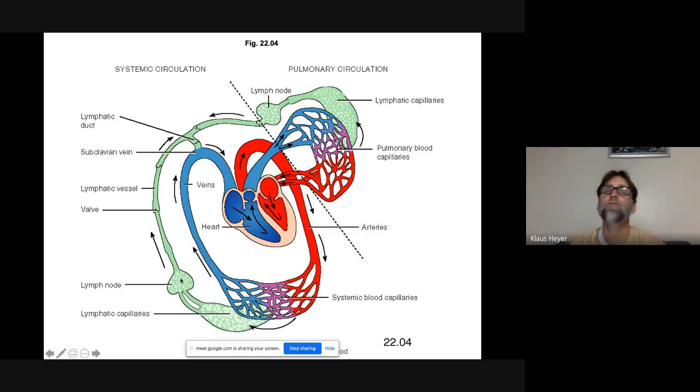So you can view your lymph nodes as filters, right? If anything's in there that doesn't belong, inside the lymph node are a bunch of white blood cells that are looking for stuff. They're looking for that virus. And if they see a virus, they sound the alarm system. They get your immune system going, right?